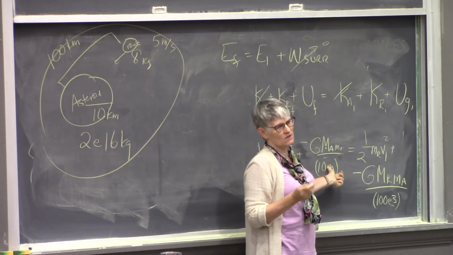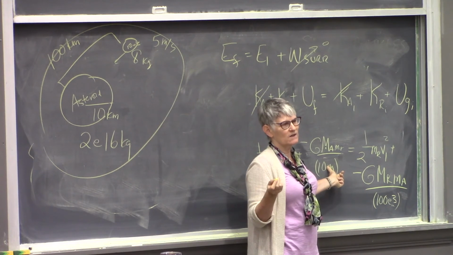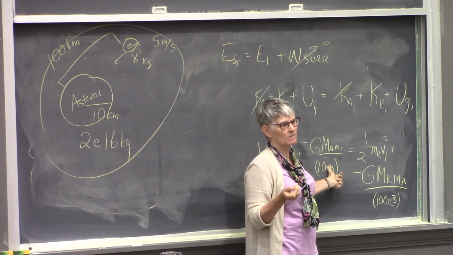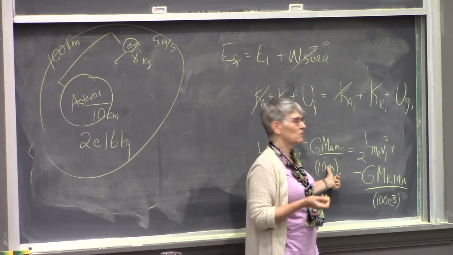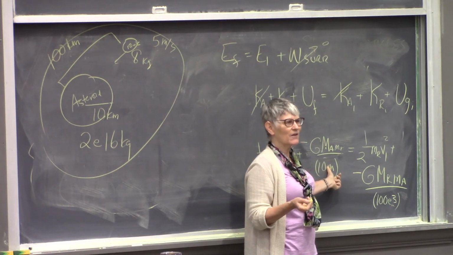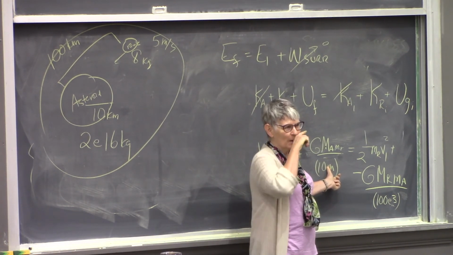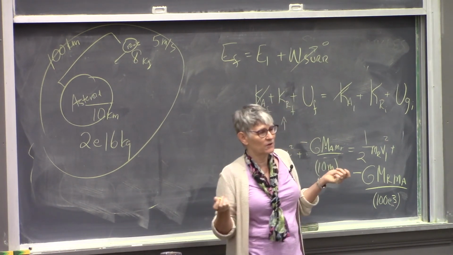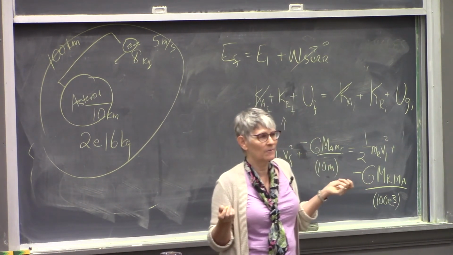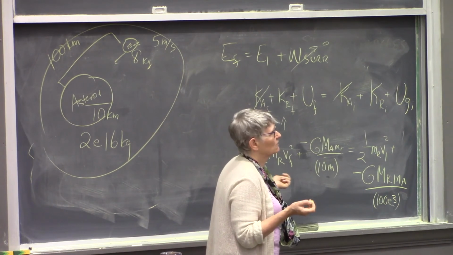And we're not at the center of the asteroid. We're at the radius, which is 10 kilometers away. If we were at 0, in fact, the potential energy would be infinite. So that's probably not that good. So the potential energy is not 0 at the end.